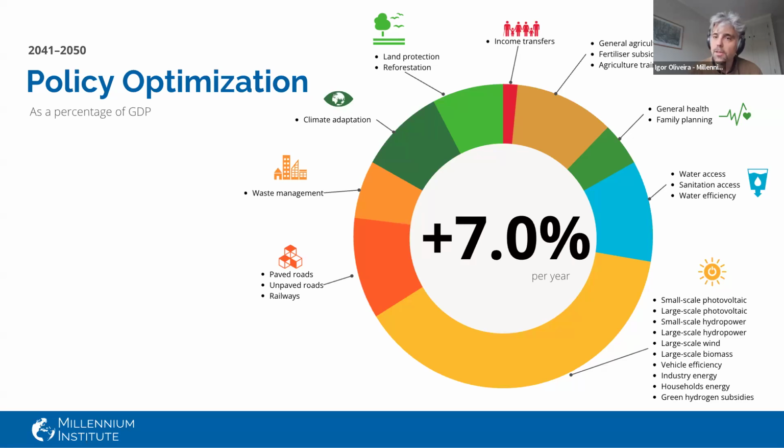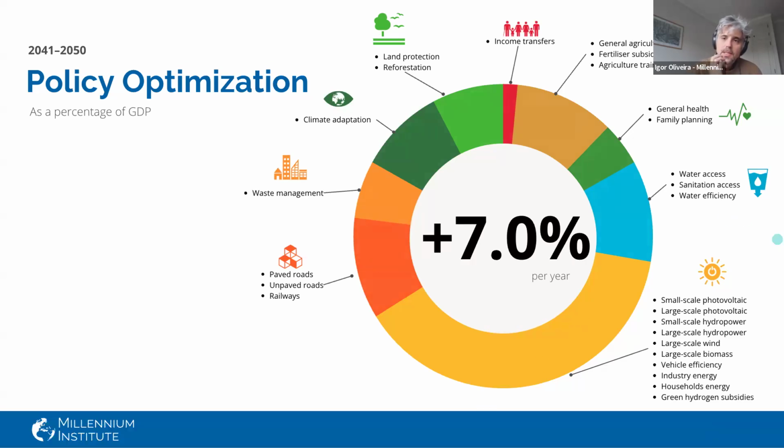Because we see also in the food part of the graph on the top right that agriculture training, fertilizer subsidies, and in general investment or subsidies to agriculture also play an important role in maintaining a higher performance in terms of sustainable development goals for Brazil when combined with energy and green hydrogen investments, right?